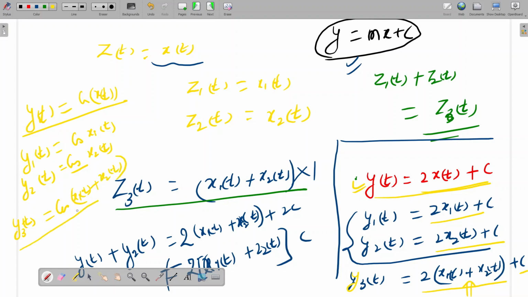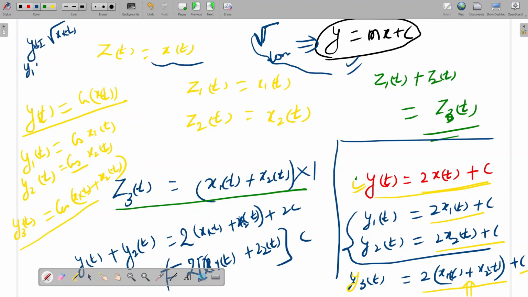Yes, sir. So if y1 of t plus y2 of t is not equal to y3 of t, then it is non-linear. Yes. There are some short tricks like mx plus c, or if it is quadratic or logarithmic, this kind of function will be non-linear. Let's say y of t is equal to root x1 of t.